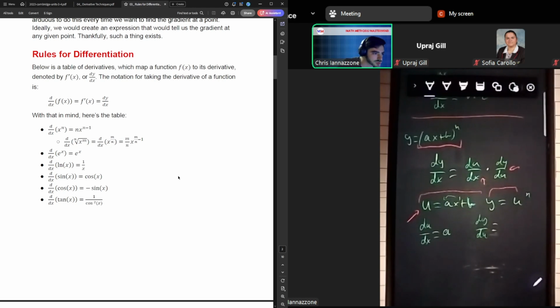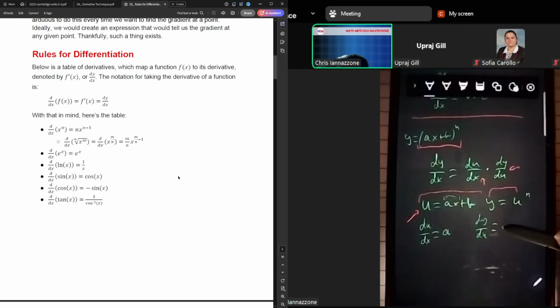This one you could almost rip entirely off the table, as printed. Do we bring the power down and then subtract 1 off the original power? Absolutely. n times u to the power of n minus 1.